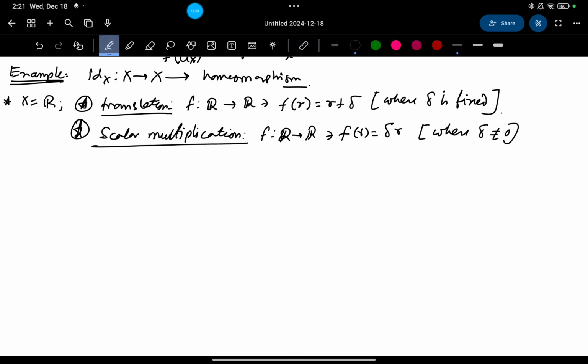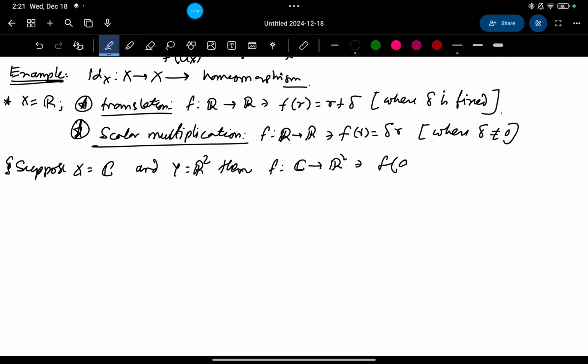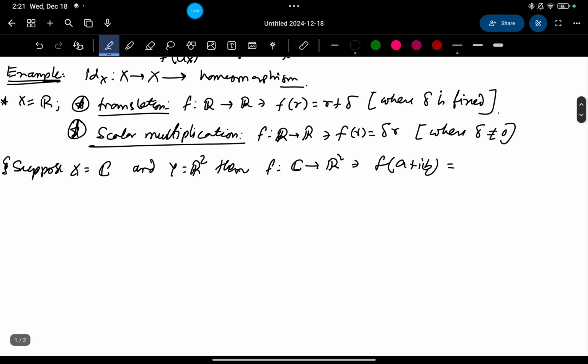Next, suppose x equals C and y equals R2. Then define f as a mapping from C to R2 such that f of a plus ib is nothing but (a, b). Okay, this is how one can define the map.